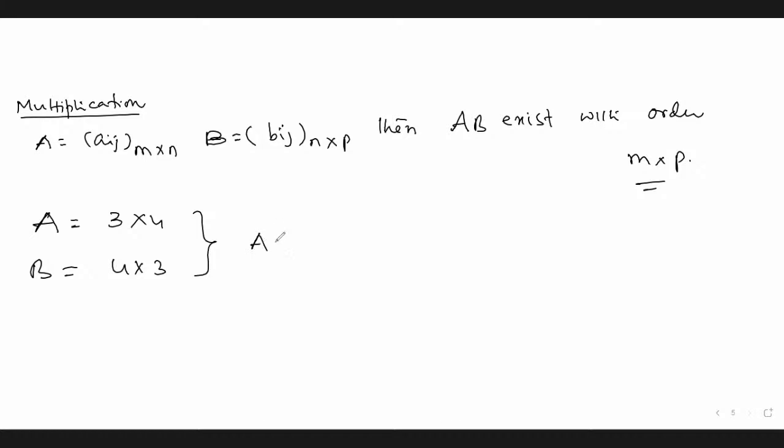Then the AB order becomes, the inner 4s get cancelled, 3 by 3.